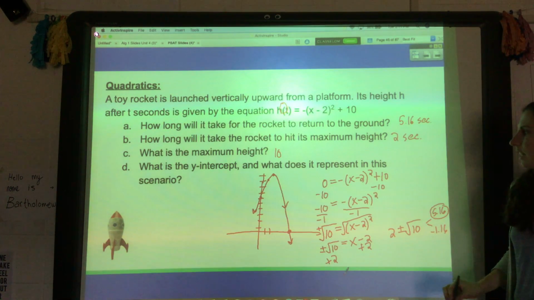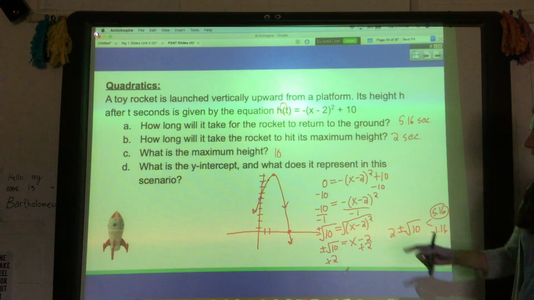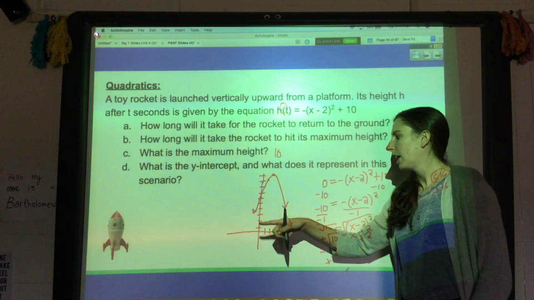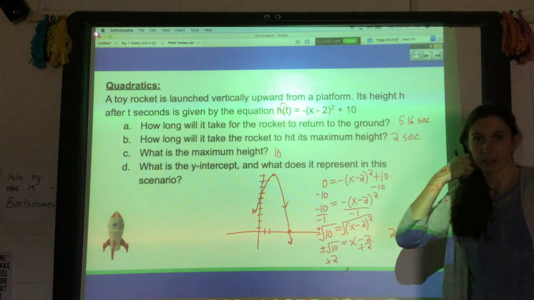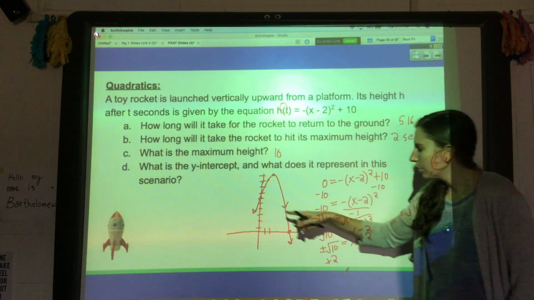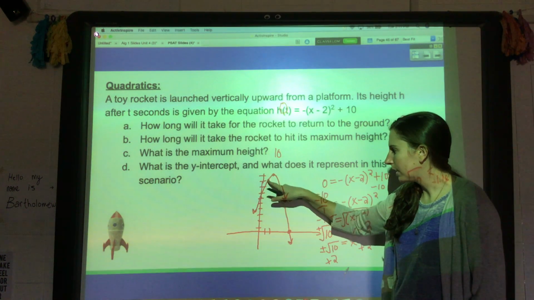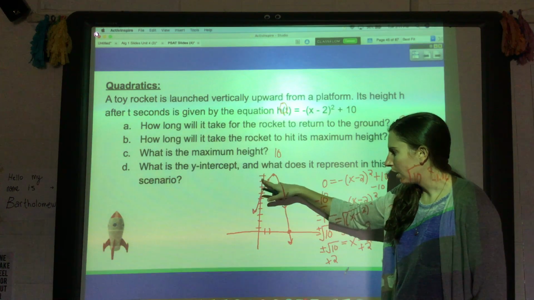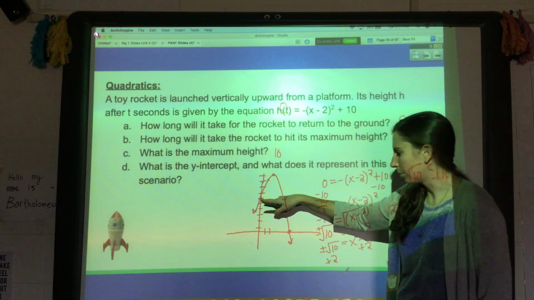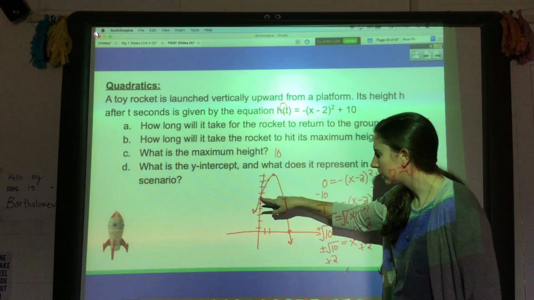All right. Lastly, I want to know what is the y-intercept and what does it represent in this scenario. I thought it was approximately, because I go over 1 down 1 and then like 1, 4, so it's probably somewhere around 6.